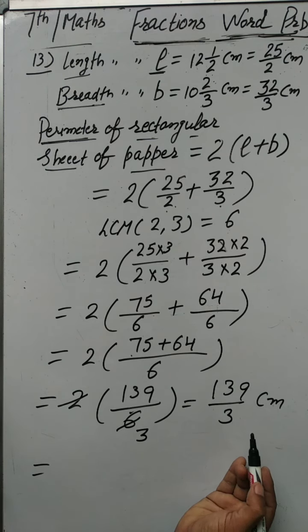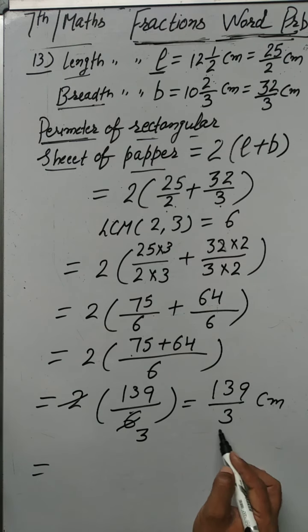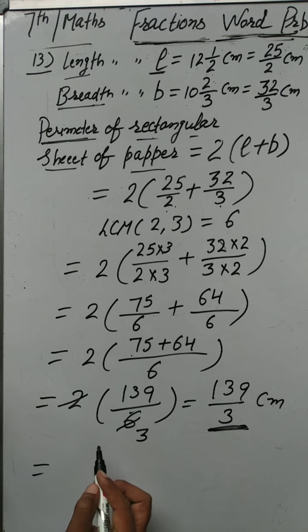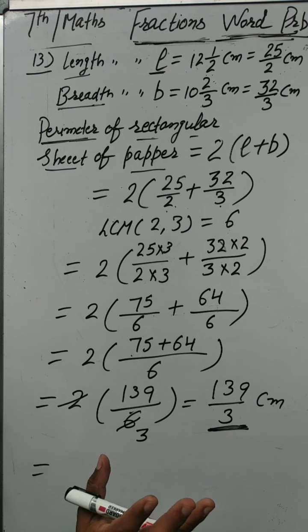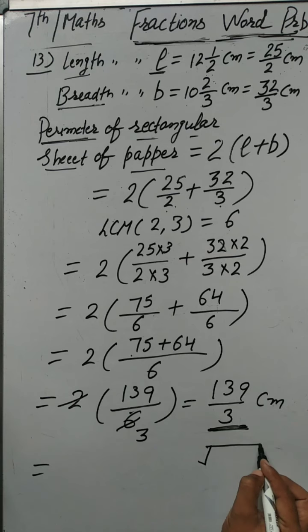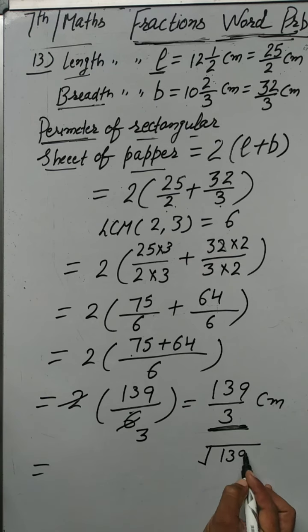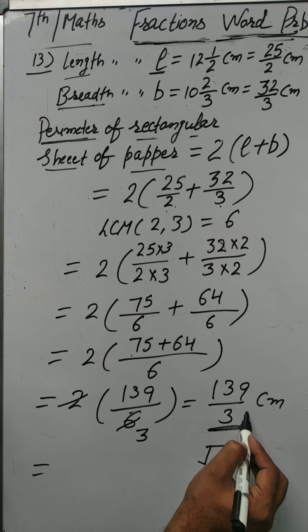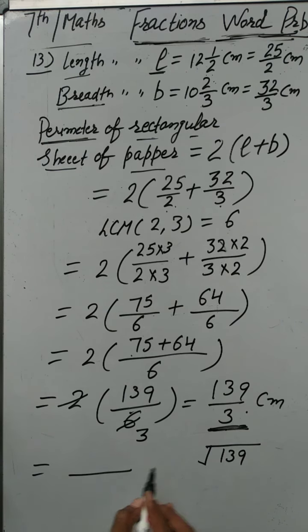And if you want to match with your answer, then beta, change it into a mixed fraction. You know how to change it into a mixed fraction. If you forgot, then I am explaining here, beta. 139. First of all, whenever you want to change an improper fraction into a mixed fraction, keep the denominator the same.